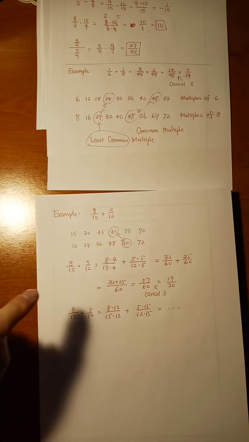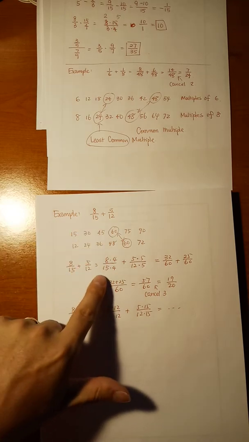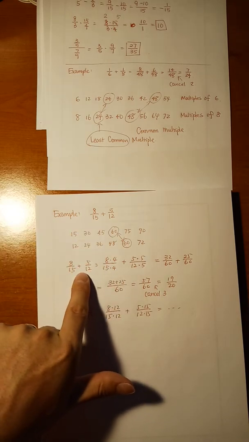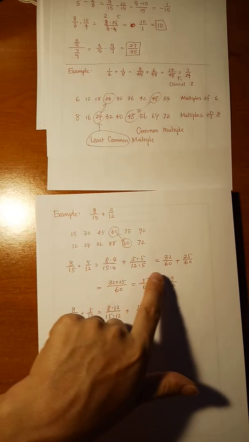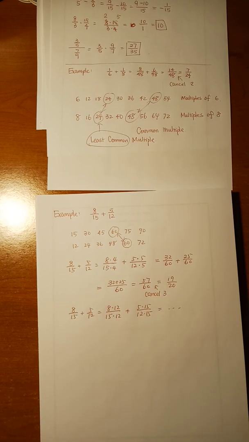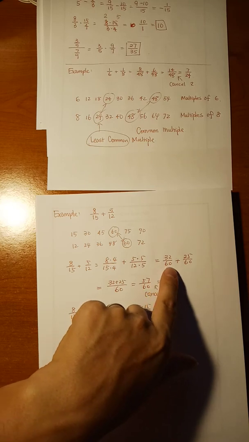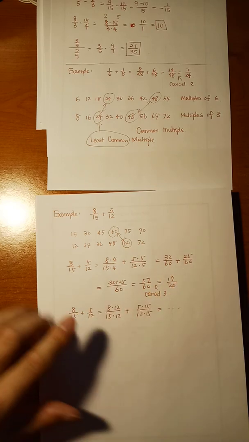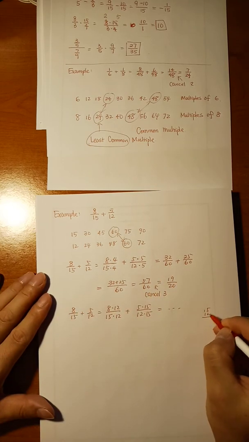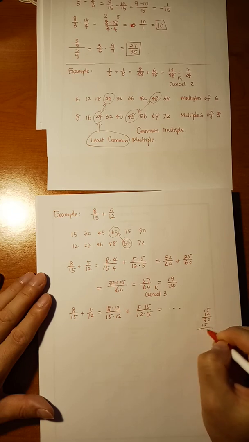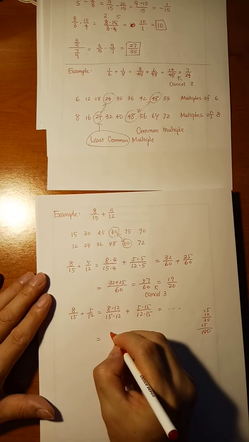So the least common multiple is useful when you try to add two quotients, especially when you try to find the common denominator. The advantage is that you are dealing with smaller numbers, not huge numbers. For example, what is 15 times 12? It's 180.